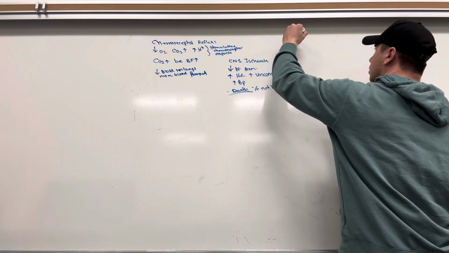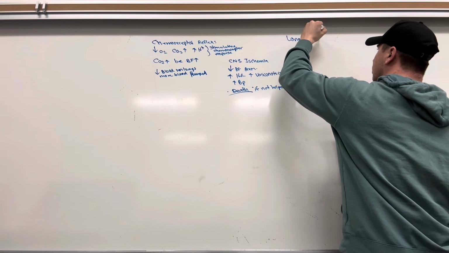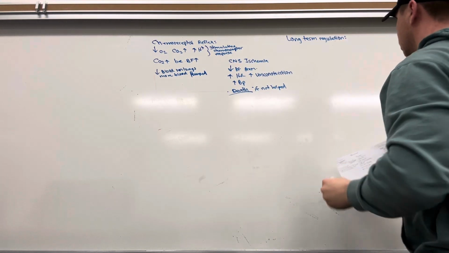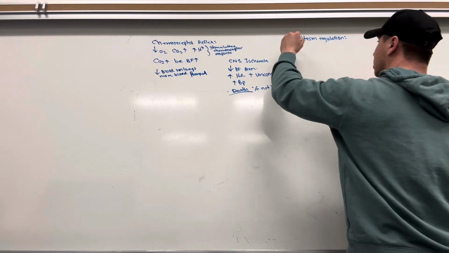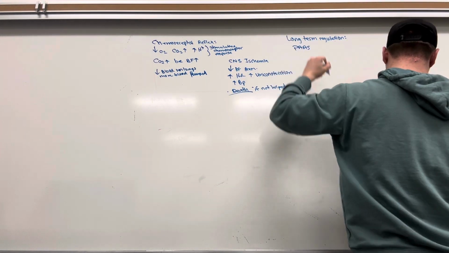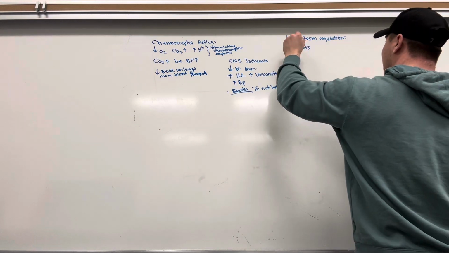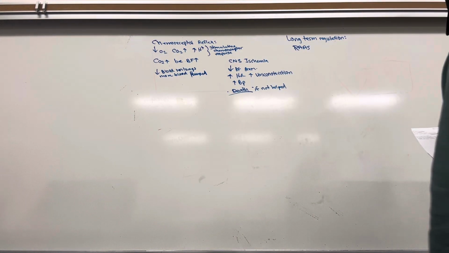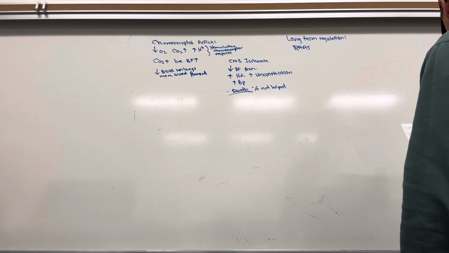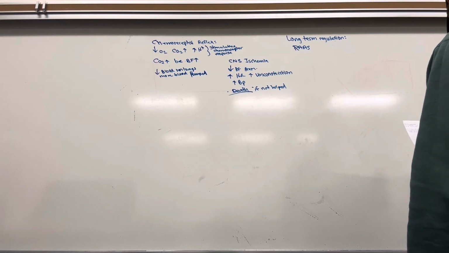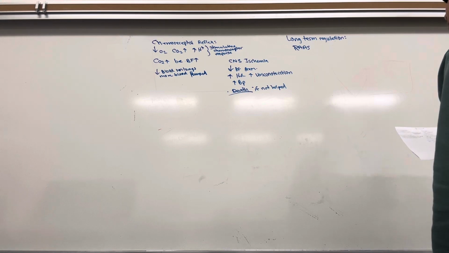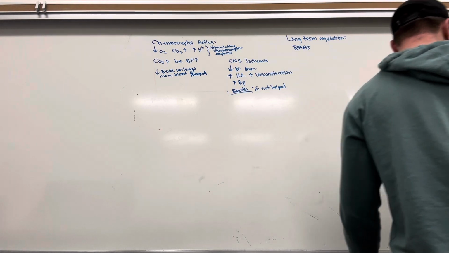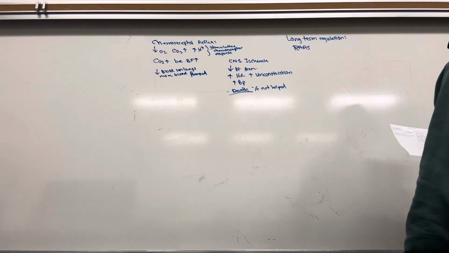Something that we also need to know is called long-term regulation. And how this works is called RAAS, and stands for renin, angiotensin, aldosterone system. Renin, angiotensin, aldosterone system.